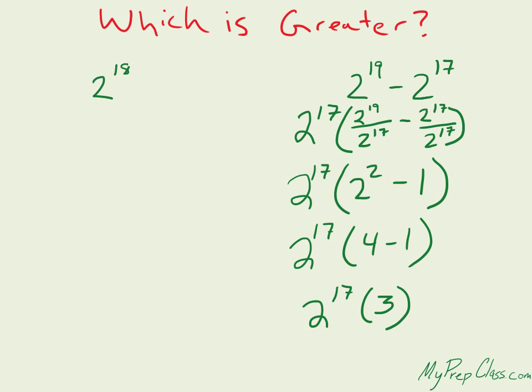So that doesn't really help me compare too much right now to the left-hand side, so I want to get the left-hand side to look like the right-hand side. So I have the right-hand side down to a 2 to the 17th. So I can do the same to the left-hand side. So I'm going to pull out a 2 to the 17th, and that's going to leave me with 2 to the 18th over 2 to the 17th within the parentheses.